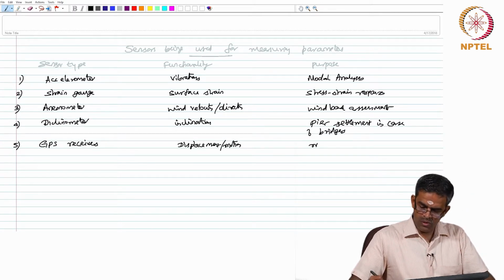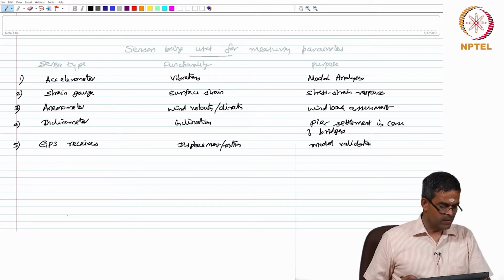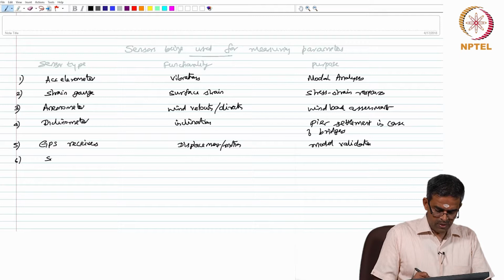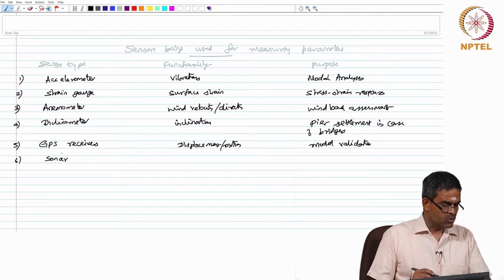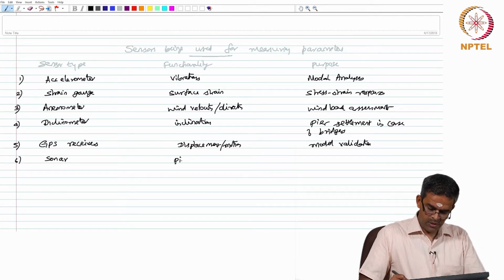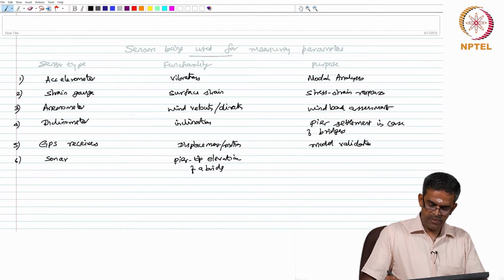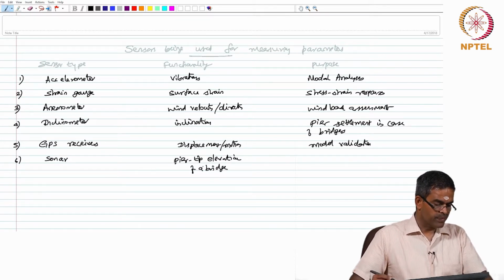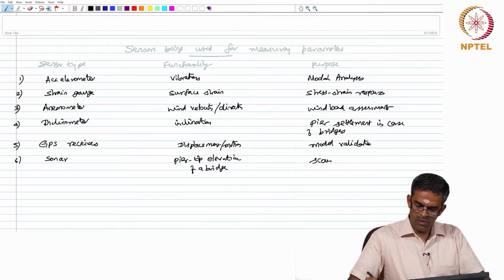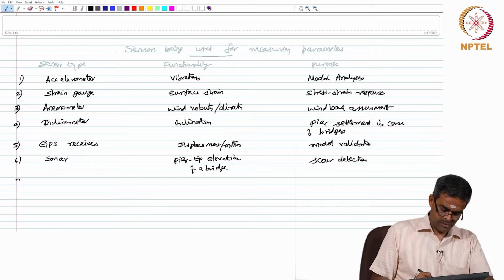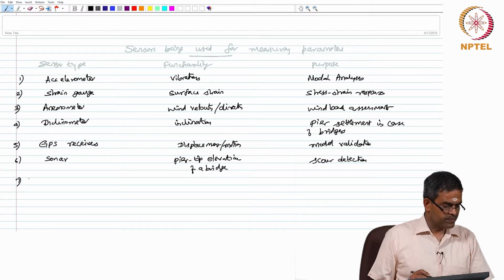It can be used for model validation. The next could be sonar. This is useful in measuring pier tip elevation, maybe of a bridge. It is useful in detecting scour of the bridge piers.